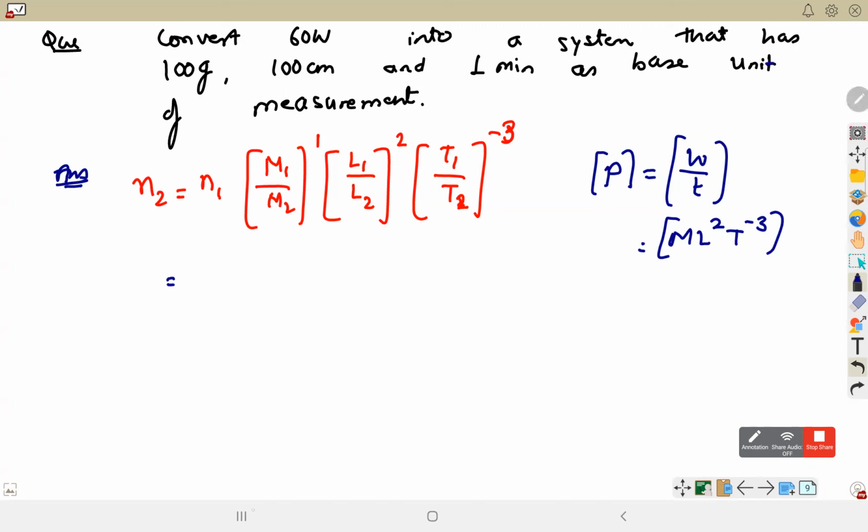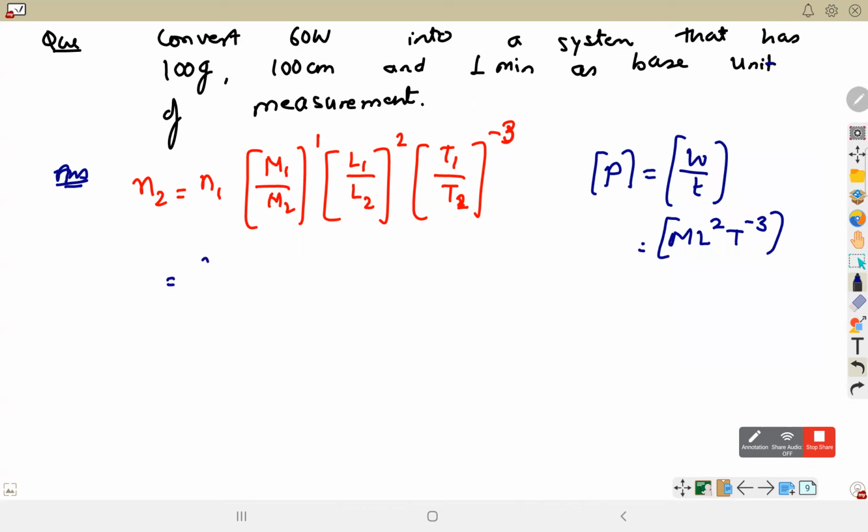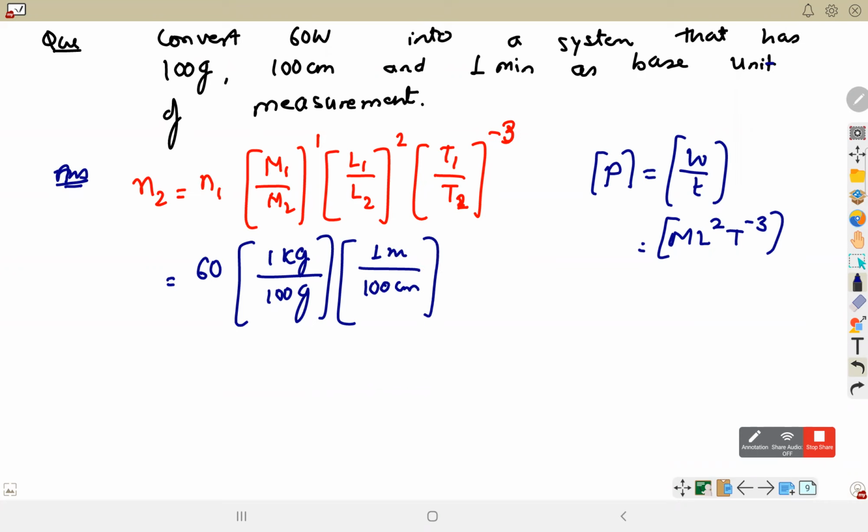Sir, Govind sir. Okay, Govind. Right, this is correct. देखते हैं क्या गलती की आपने. It is 60 watts. N1 is 60. Mass तो kg में है. New system of unit is 100 gram. Length in the standard system is meter. In this new system is 100 centimeter, which anyways in meter only. Time is 1 second and it is 60 second in this new system to the power minus 3.